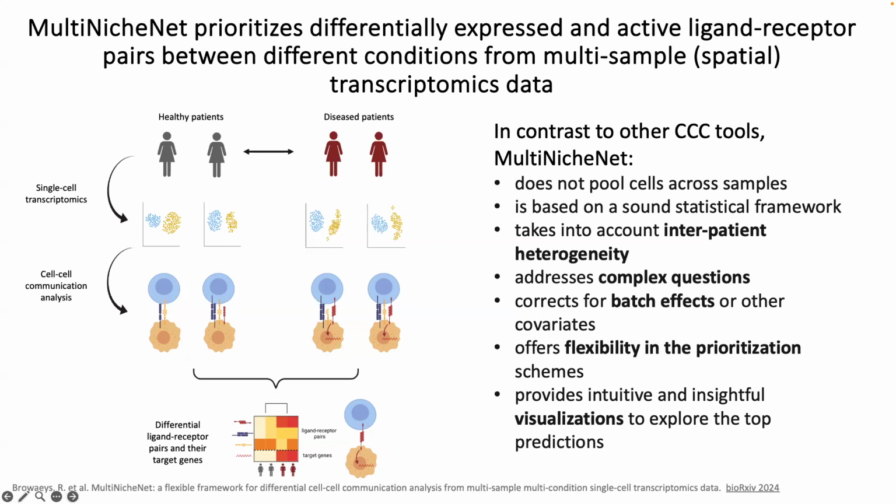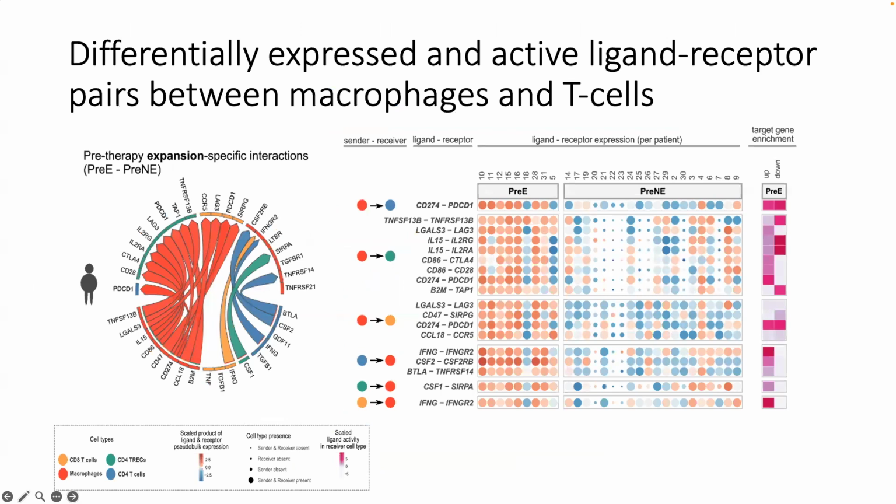In this new prioritization scheme, you can, in a weighted fashion, combine different criteria. One of them could be spatial colocalization, others could be cell type specificity, and so on. We also developed a lot of new visualizations. This would allow you to compare, for example, different niche environments in your tissue.